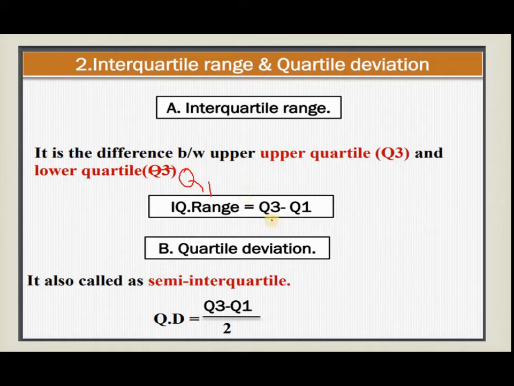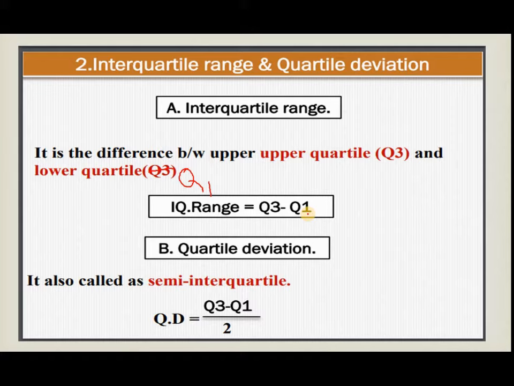Interquartile range is equal to Q3 minus Q1. Whatever formulas and methods we use to calculate quartiles Q3 and Q1, the same process we need to apply here. Once we get the values, we apply them for the interquartile range.